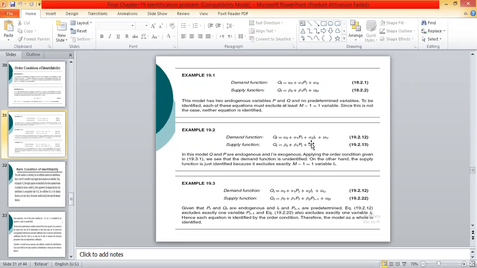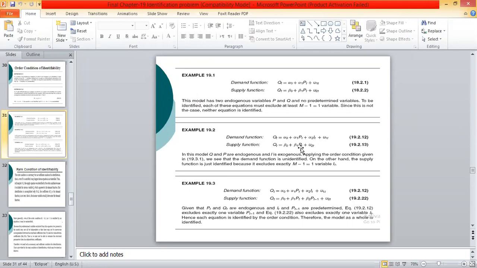How many variables are in the given equation of interest? This is our equation of interest, and we can see that there are only 2 variables. Total variables in the model is 3. Total variables in the given equation is 2. The difference of these two numbers is equal to 1. 3 minus 2 equals 1.